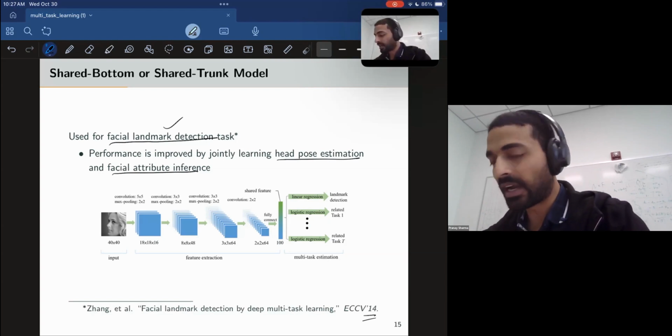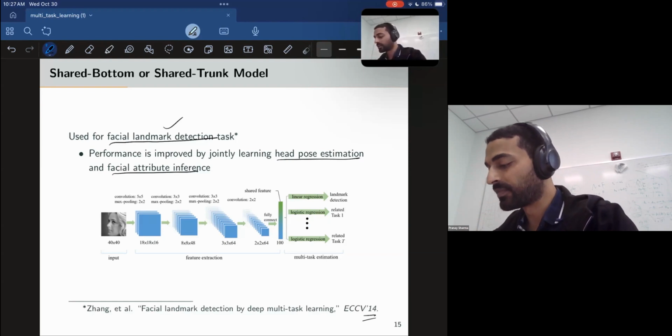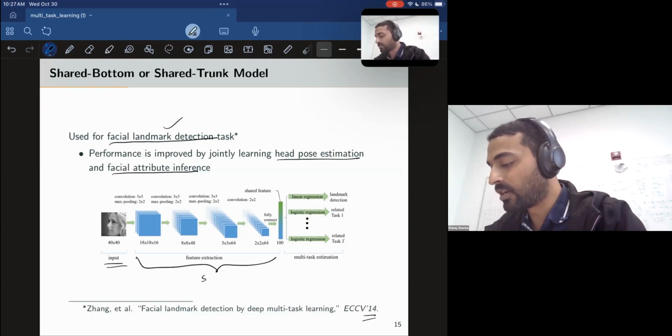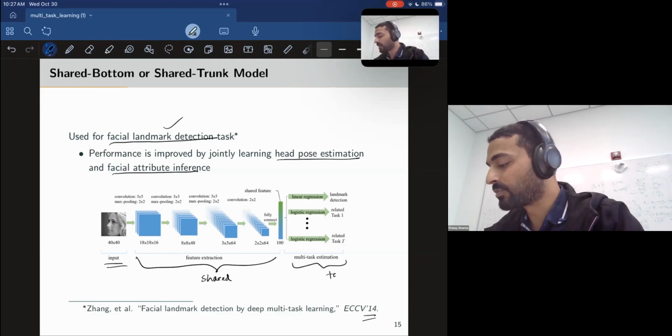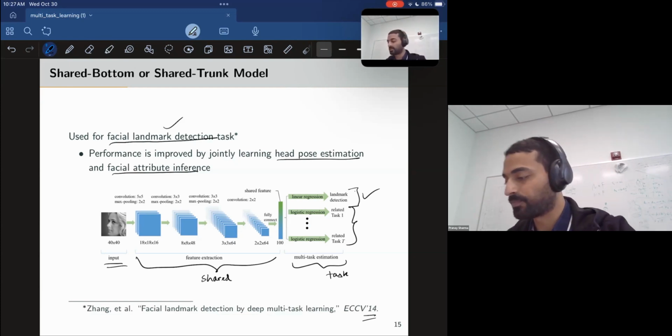As we had in the schematic diagram earlier, now again we have input which is going into some shared layers, and eventually we have some task specific layers. Here at the top you see the layer for facial landmark detection, and then the remaining are the other tasks.